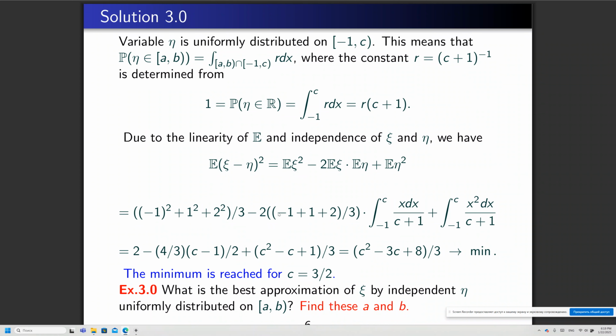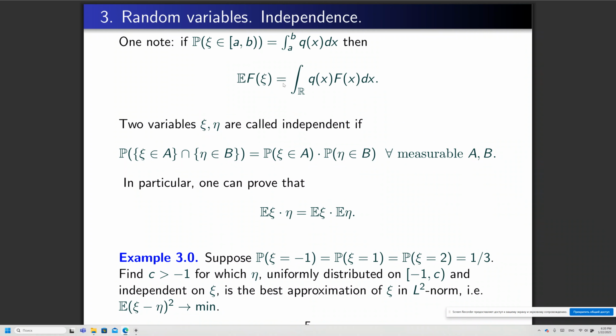In the same way, we can compute expectation of xi. Instead of squares, now we simply take the values minus 1, 1, and 2, because we have no square here. And we need to multiply this by the expectation of eta. Eta is a continuous random variable, generated by some constant density r.